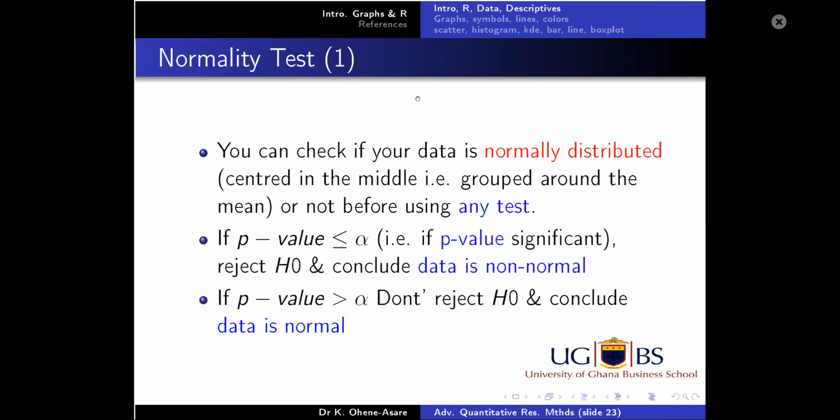Yes, please. Why? Because it will help me know how widely spread or how closely related the data are. Then you wouldn't want your data to be normally distributed. Then you would want your data to be widespread.